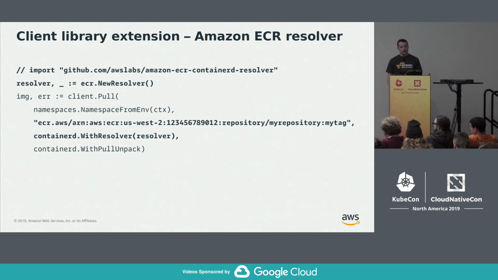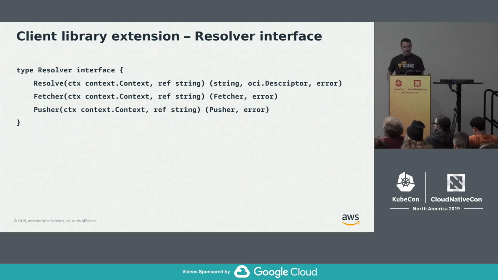The only differences are that you construct the resolver object that you want to use, and then you pass that resolver object to the pull function. The pull function will know how to use the capabilities that the resolver provides. Some resolvers are going to require maybe a different image name format, so you may have to change that as well. So what does it look like to go and build a resolver?